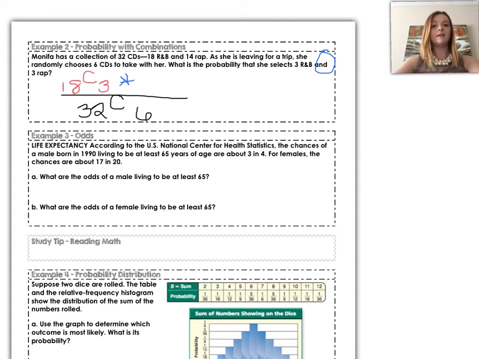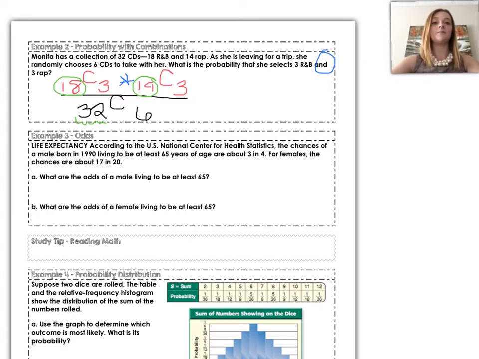So then, I'm also going to have 14 rap CDs, and I'm going to choose 3 of them, okay? A little word to the wise with how to set these problems up. The n, the total number of things I am choosing from. The numerator's n's should add up to the denominator's n's.